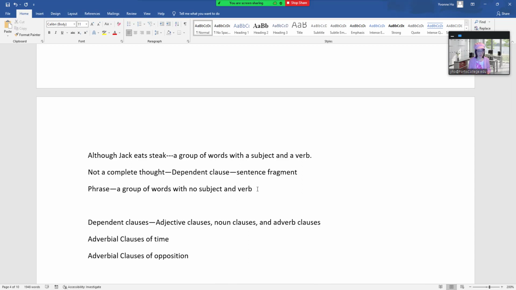So if I say at the store, on the counter, up the street, those are all examples of prepositional phrases because at the store, on the counter, and up the street have no subject and verb. So that's the difference between a phrase and a clause.